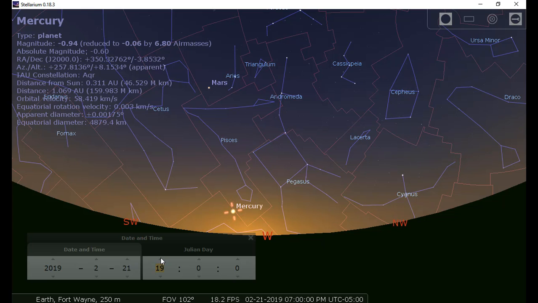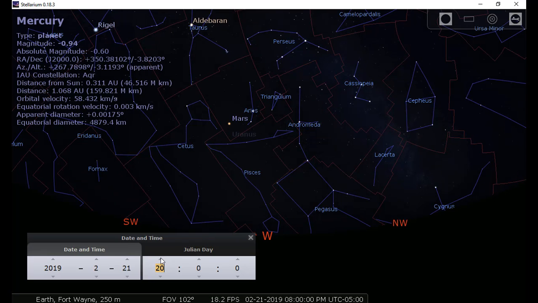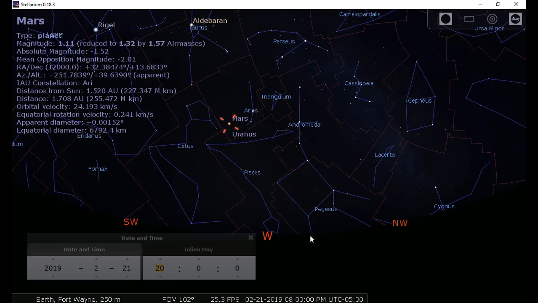Well, let's see. I click this button, and I've shifted the whole sky by 1 hour. And you'll notice that Mercury is gone. You'll notice the sky is darker. And you'll notice that Mars is still in Aries. And if I click on Mars, we have a new position.